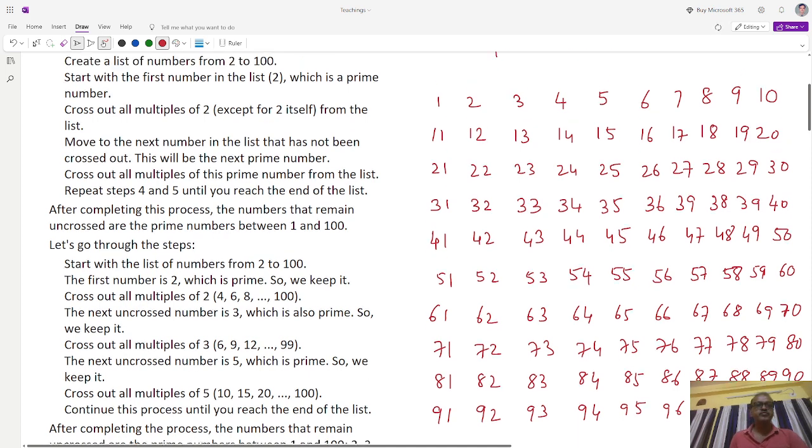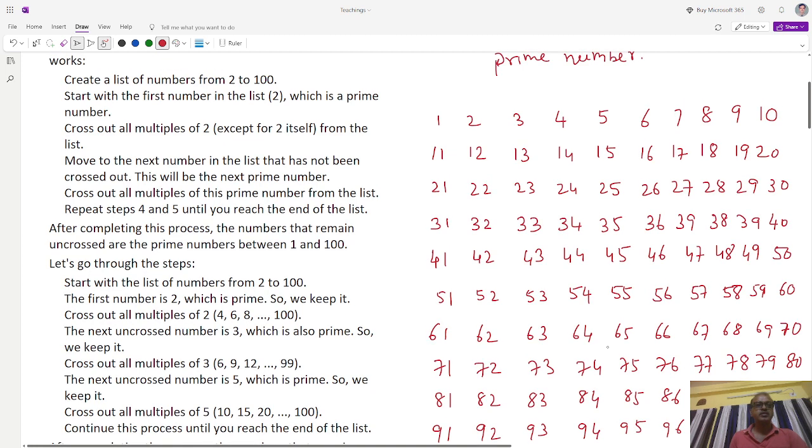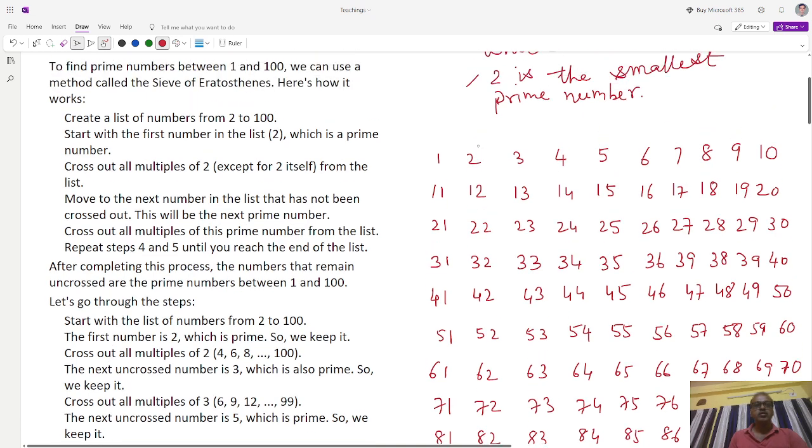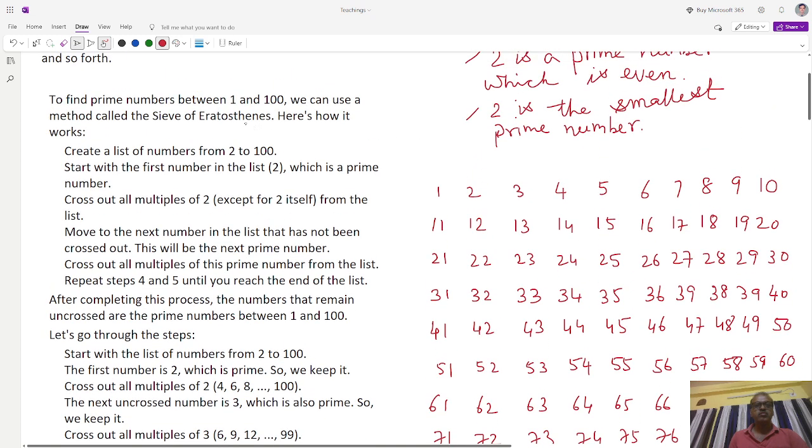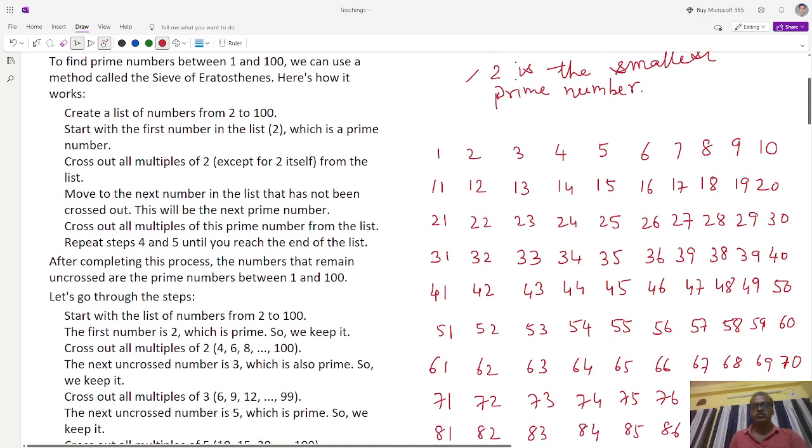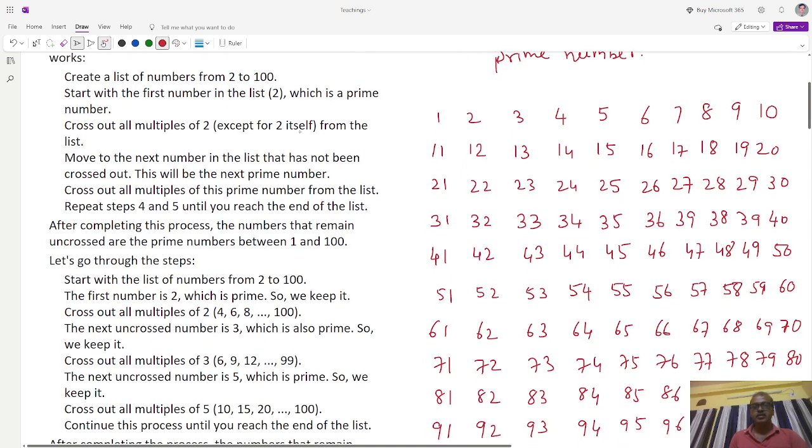So the first step is to write the list of numbers. We are in the process of finding the prime numbers between 1 and 100, so we write 1 to 100 in this manner. Okay.